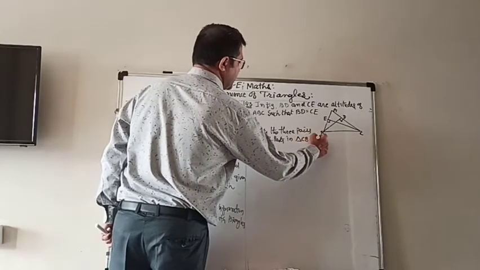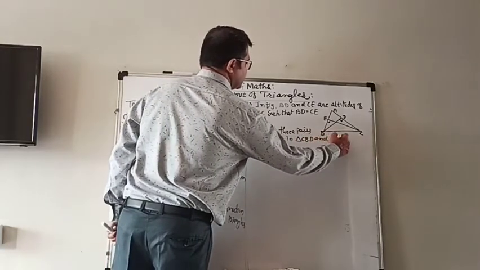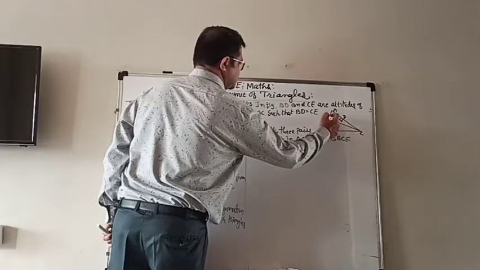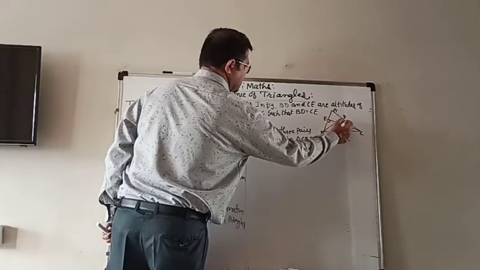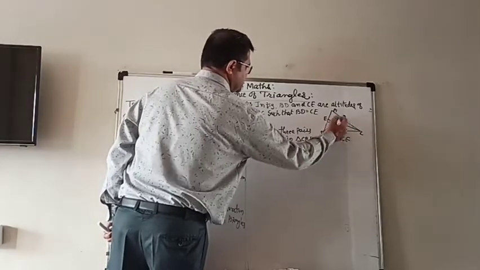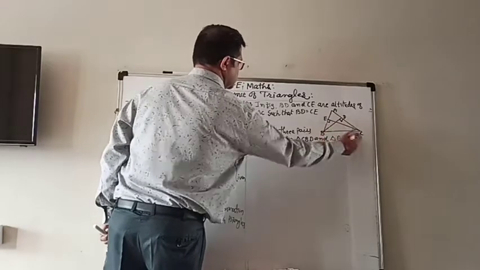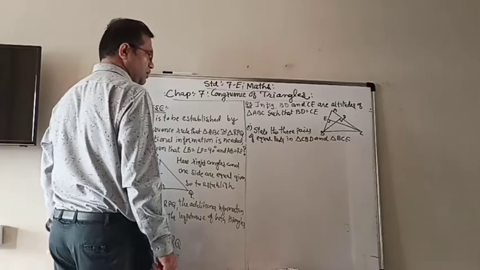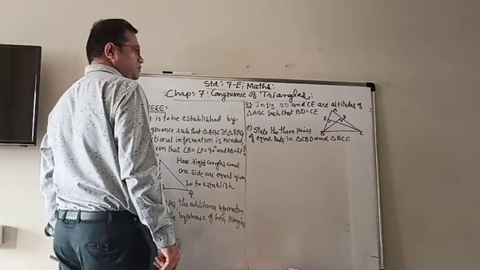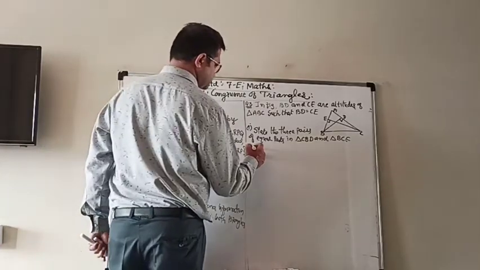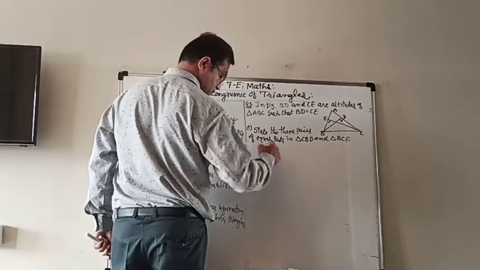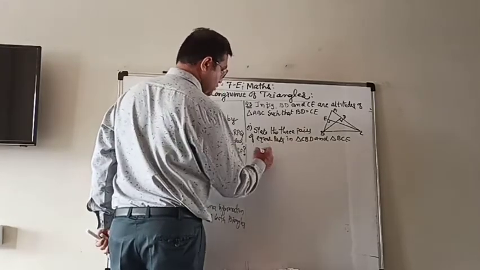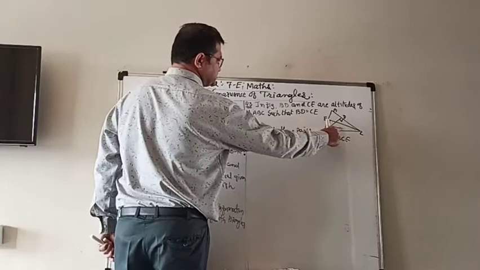Triangle CBD and triangle BCE. You can see that these are the two triangles, BDC and CEB or BCE. So now, first one, the angles are equal.